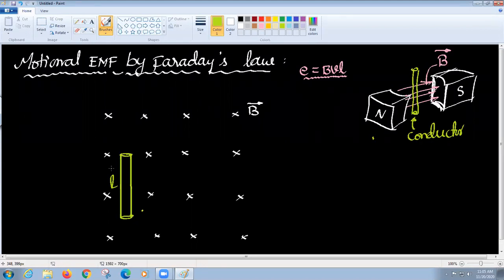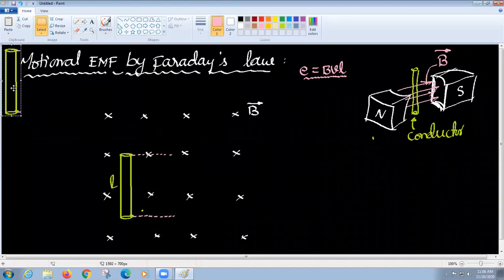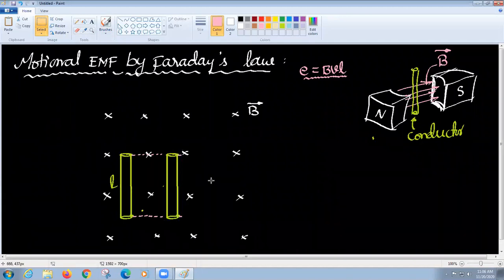Whether the conductor cuts the magnetic field or the magnetic field cuts the conductor, EMF must be induced. So let me move this conductor towards the right with some speed. I moved my conductor like this to this extent.